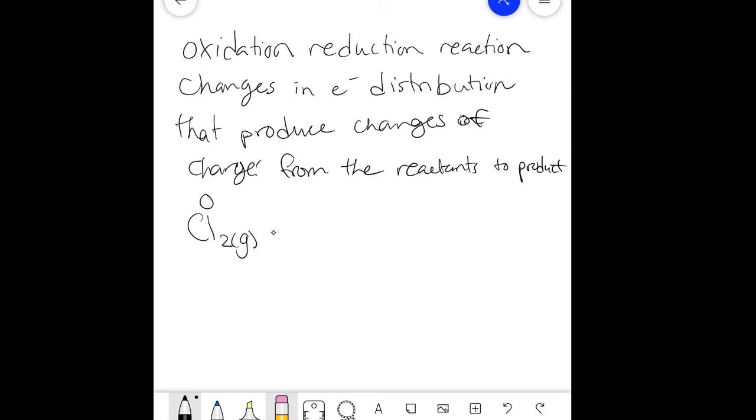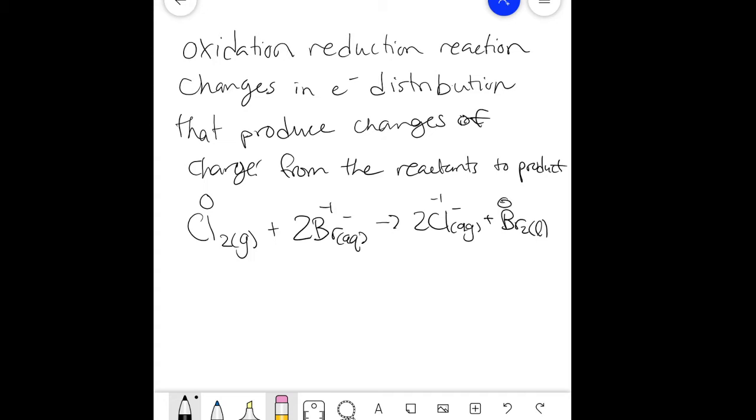The numbers I'm putting on top are the oxidation numbers, which I will explain in a second. The equation I've just written out would be your net ionic equation.